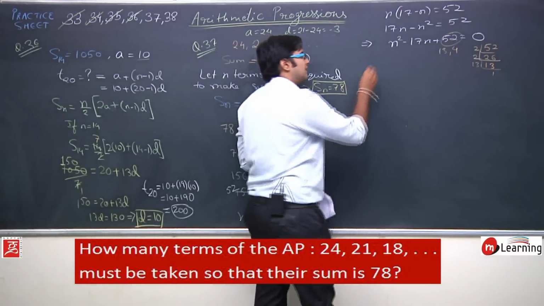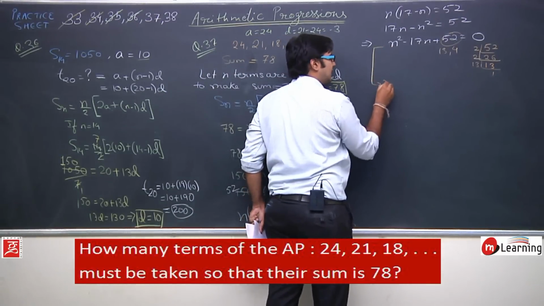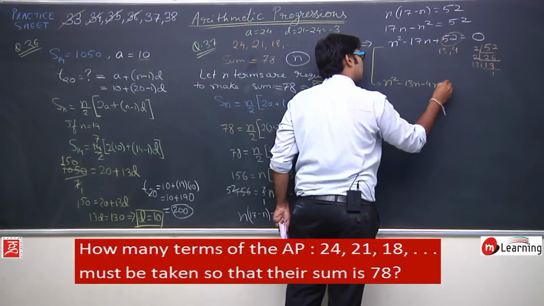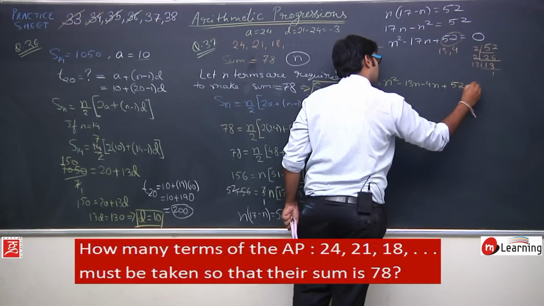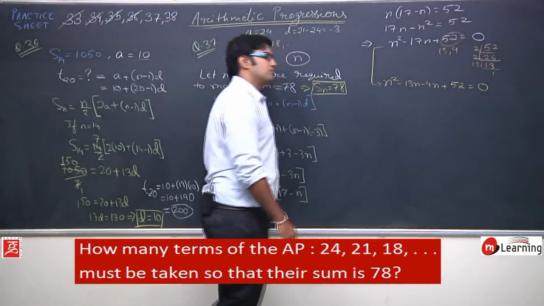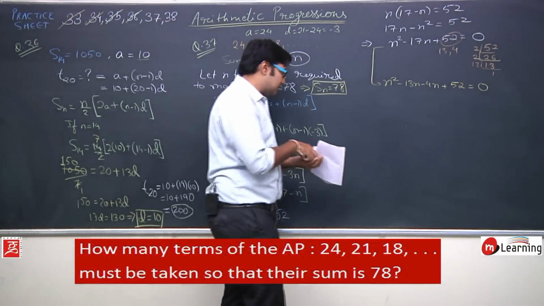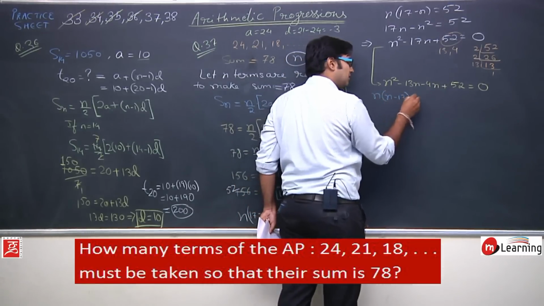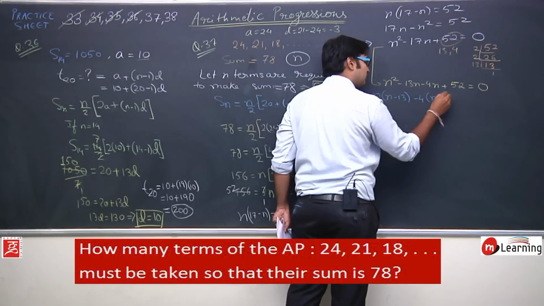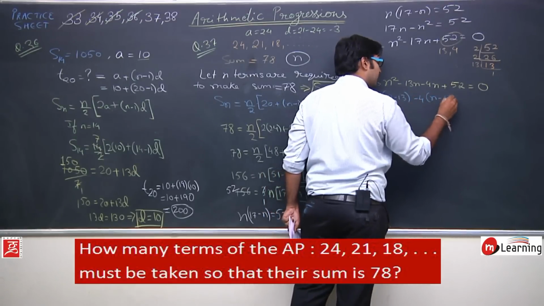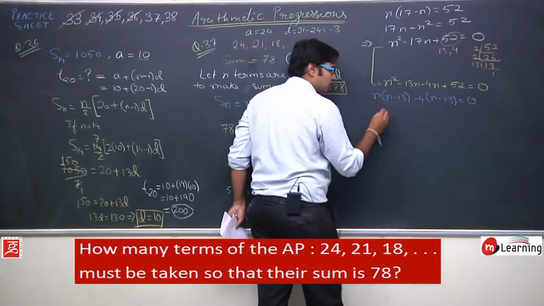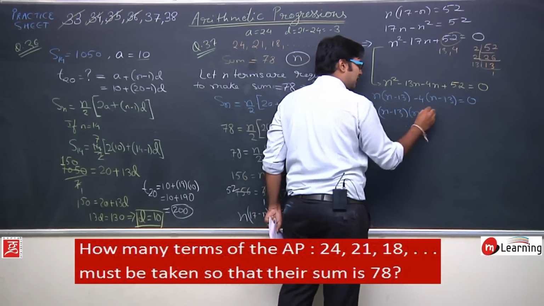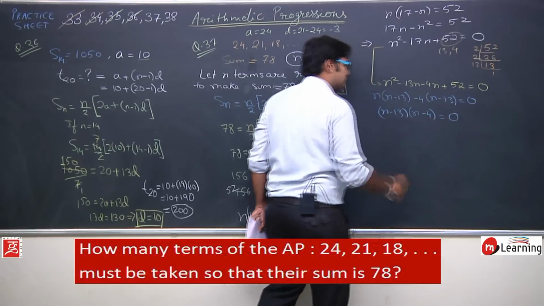It means I can write this equation as n square minus 13n minus 4n plus 52 is equal to 0. And from this, if I take n as common, it will give you n minus 13, and taking minus 4 as common, it will give you n minus 13 is equal to 0. So if I take n minus 13 as common, the next bracket will be n minus 4 is equal to 0.